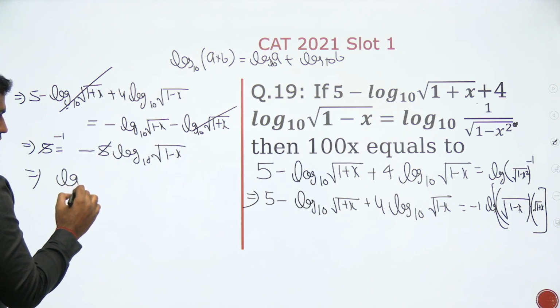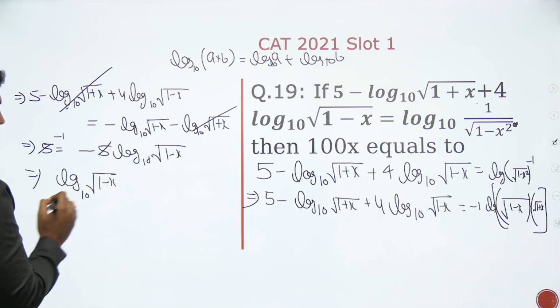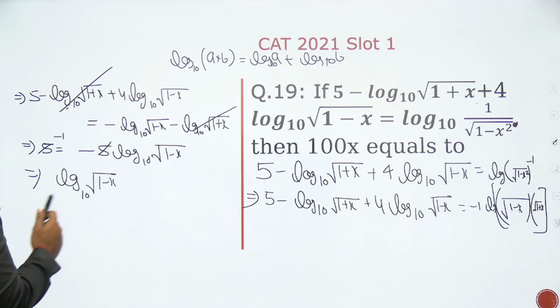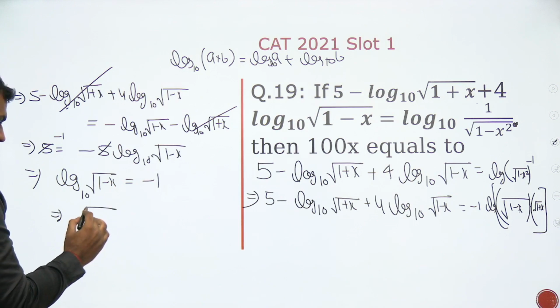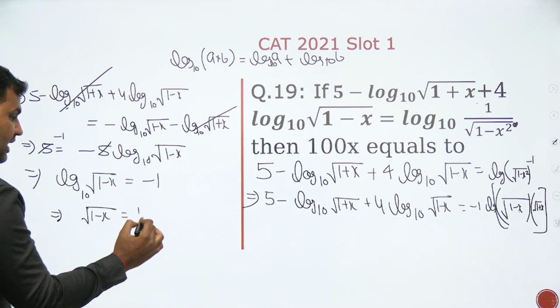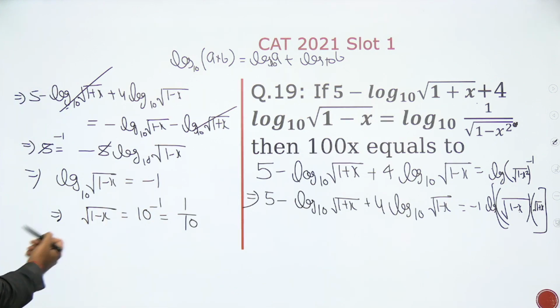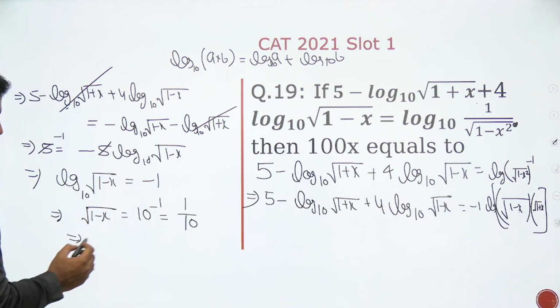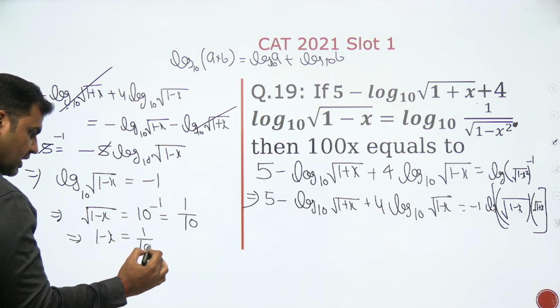So I'll get log of root 1 minus x to the base 10 is equal to minus 1. So can I say root 1 minus x will be 10 raised to power minus 1, which is equal to 1 upon 10? That's again a standard rule of logarithm. So if I take square on both sides, 1 minus x will be equal to 1 upon 100.